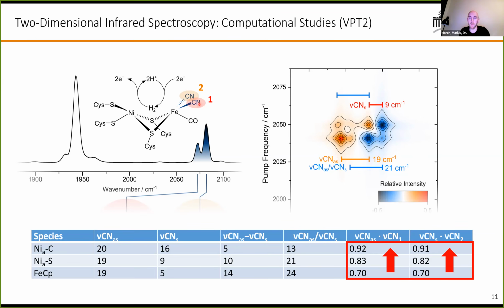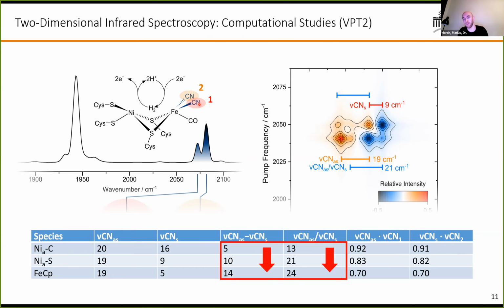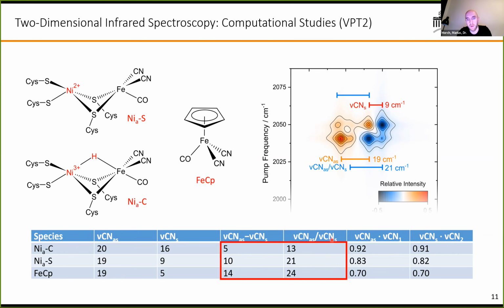At the same time, we see that the interaction between the two vibrational modes decreases, the reason being that if the modes are more localized, then of course there's less spatial overlap between them, and so the interaction between them decreases. That's quite nice because it means we can use these two quantities as a marker for the symmetry or asymmetry in the nickel-iron active site.